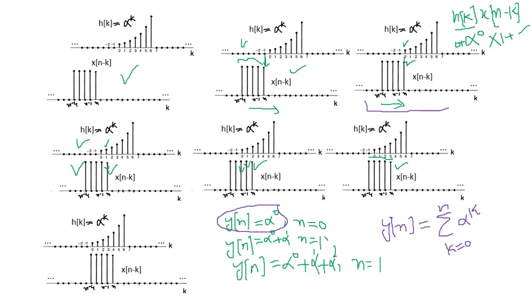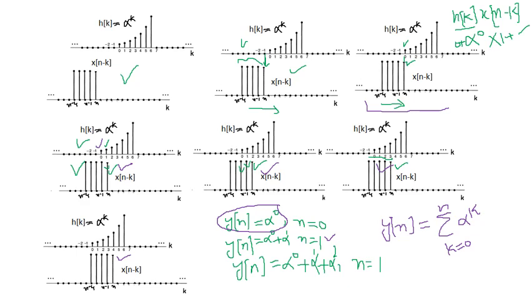When n equals 1, which is the next case, we see the non-zero summation starts from 0 up to 1. Similarly for 2 and 3 and also for 4. So from 0 up to 4, the generalized expression will be this one.